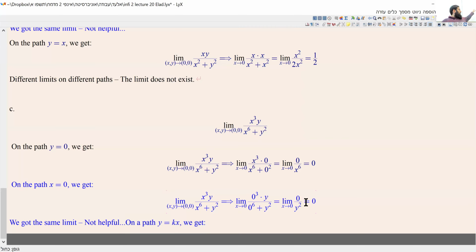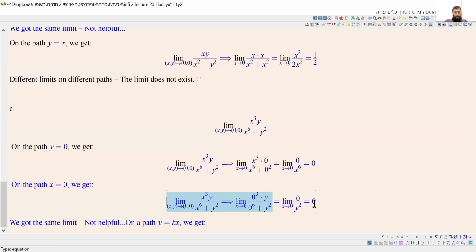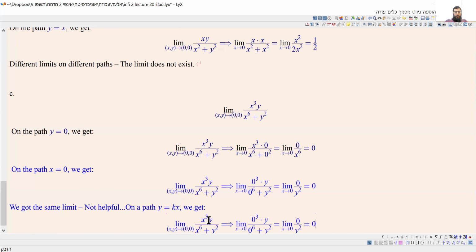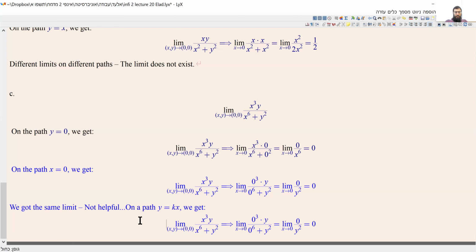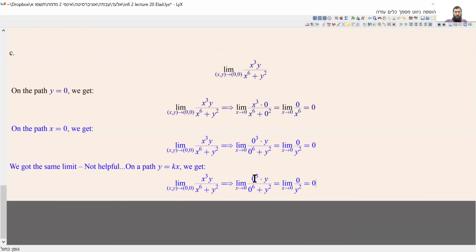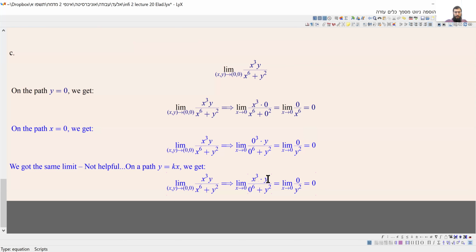If we walk on the path of this type, y equals k multiplied by x, we get the same result. It is x cubed multiplied by kx.